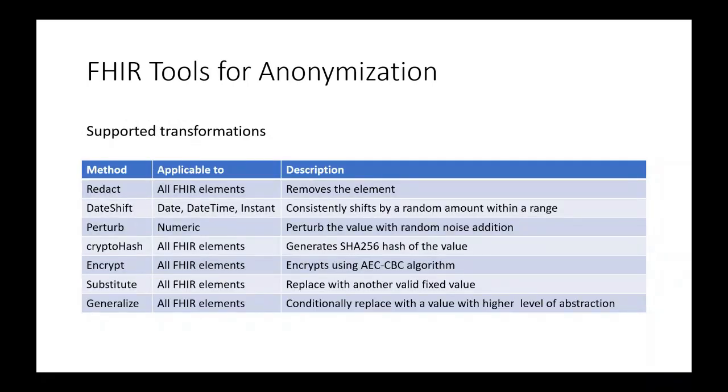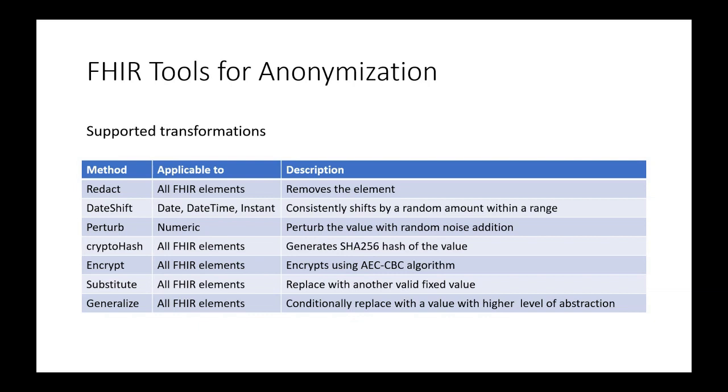Let's look at some of the transformations that are available as part of the FHIR tools for anonymization. Redact is just for removing elements. Date shifting is an important transformation. Here we shift all the dates by a random value within a range.